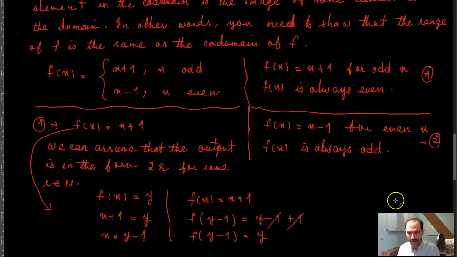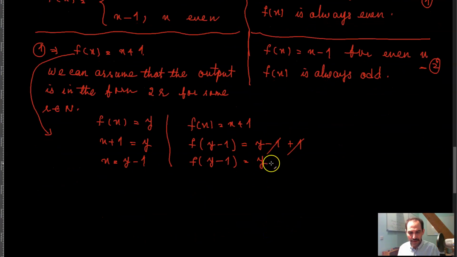These two will be cancelled out. So that means that for any even output 2r, the input is going to be, well, 1 minus the output, right?